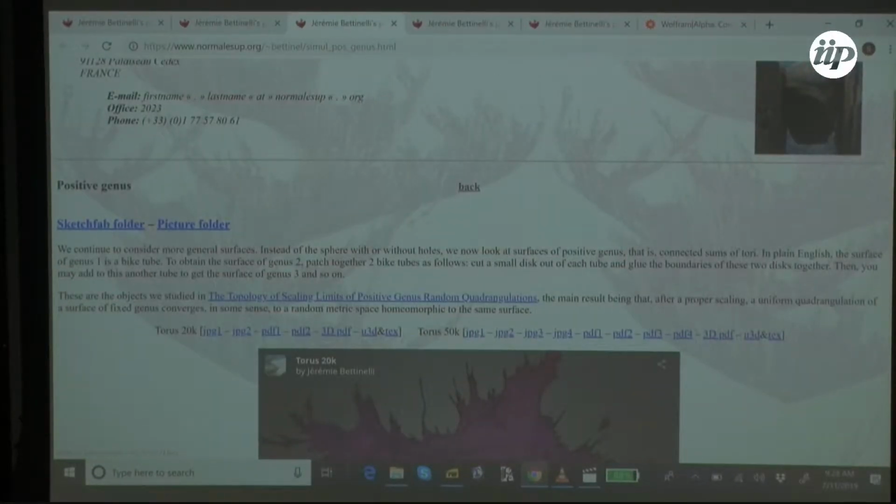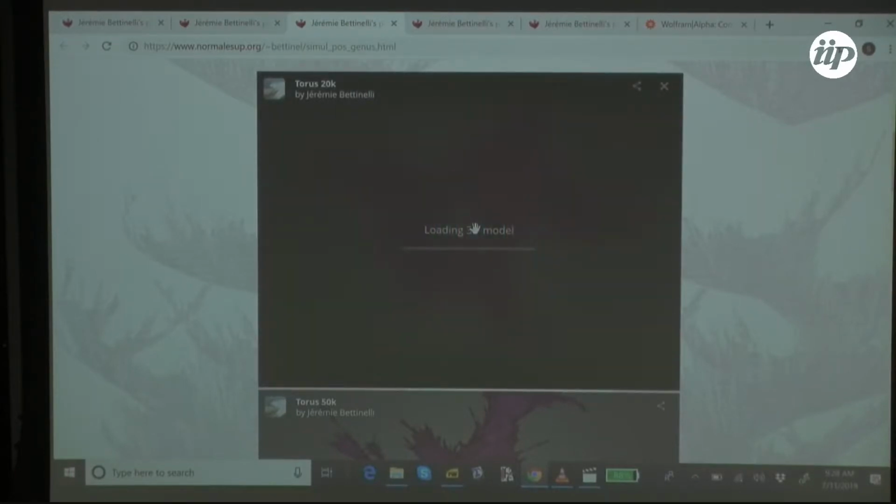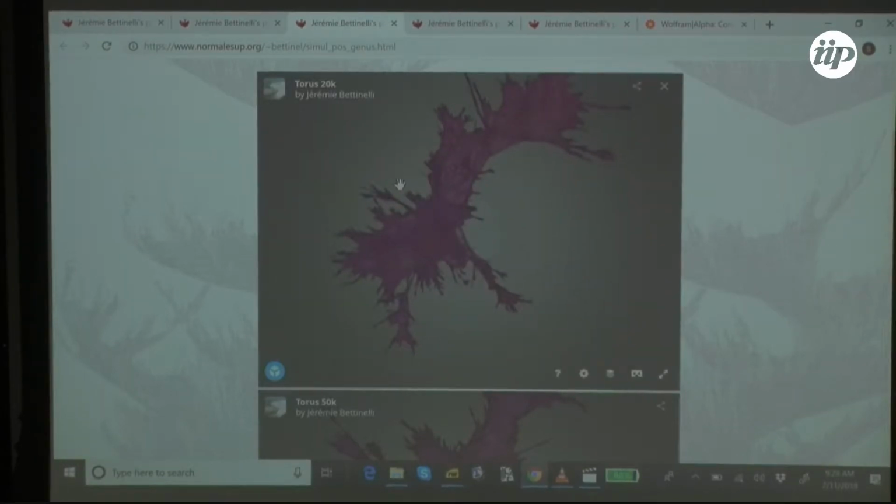The good thing about these pictures is that, here's one that's a torus. It has a hole in it. The amazing thing about these pictures is that you already understand the math used to create these things perfectly. I just take a whole bunch of squares. There's a finite number of ways to glue the edges together.